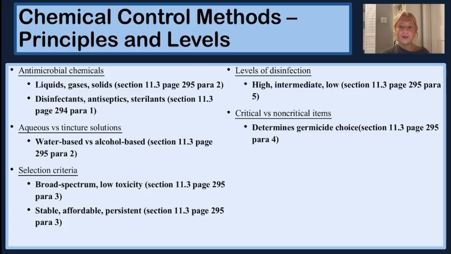So, there's high-level germicides that are capable of destroying endospores and serving as sterilants for critical items. But then there's also intermediate and low-level agents, and these are used for semi-critical and non-critical materials. And the classification of the item being treated ultimately determines which chemical is appropriate and ensures effectiveness while minimizing the harm caused.